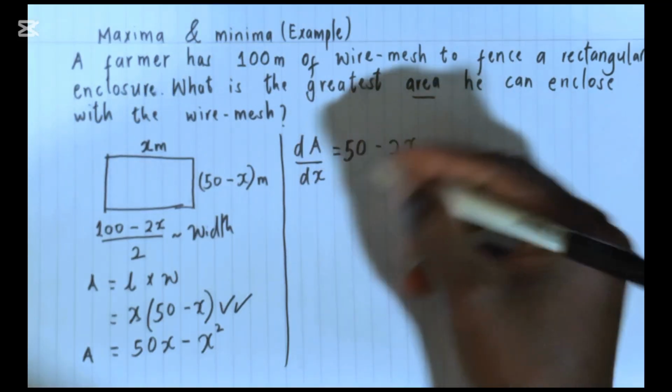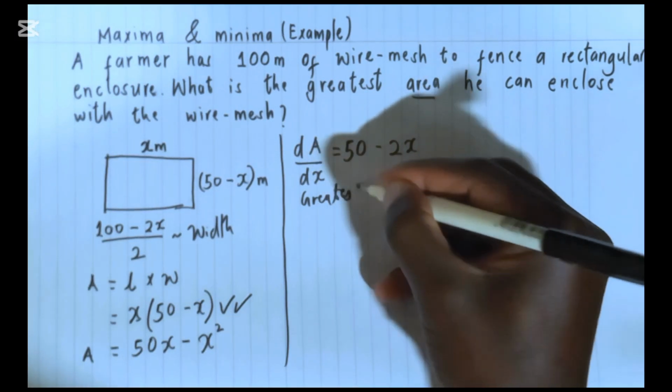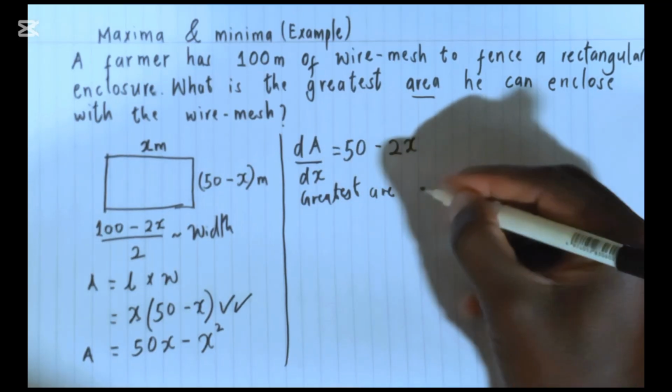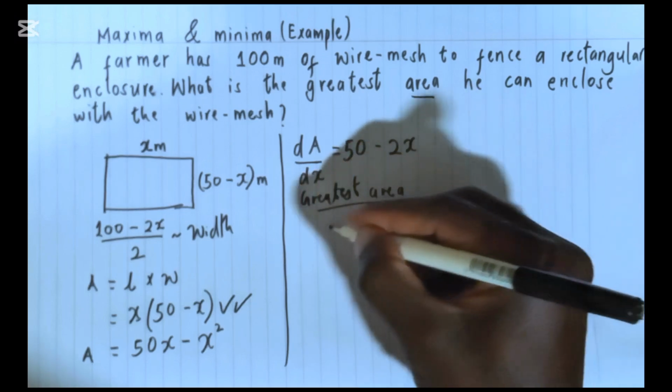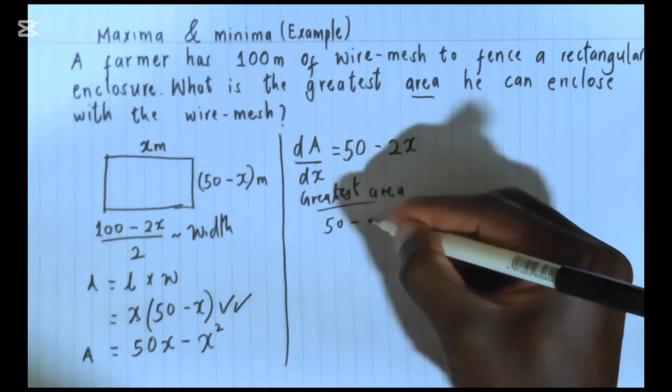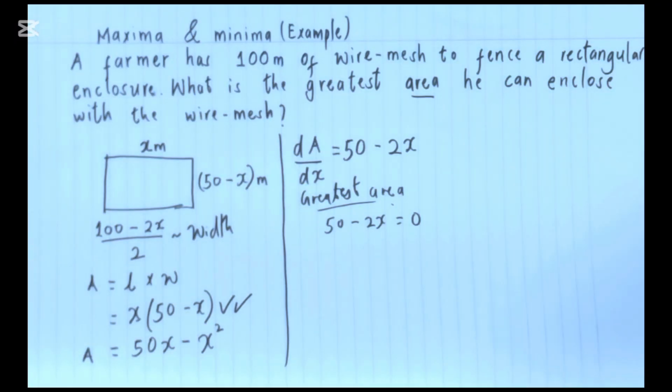And so for us to find the greatest area, we will equate 50 minus 2x to 0 to get the stationary points.